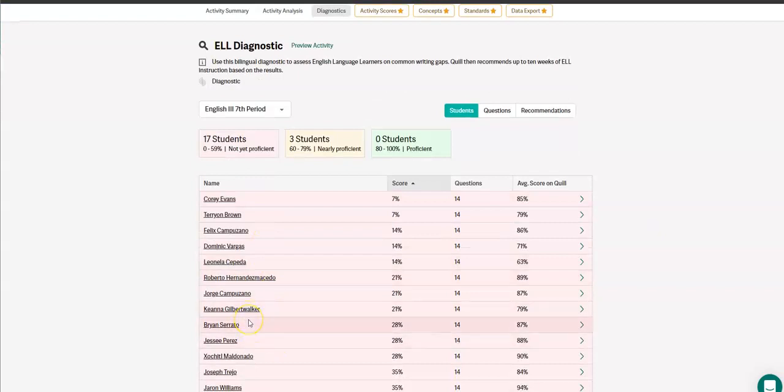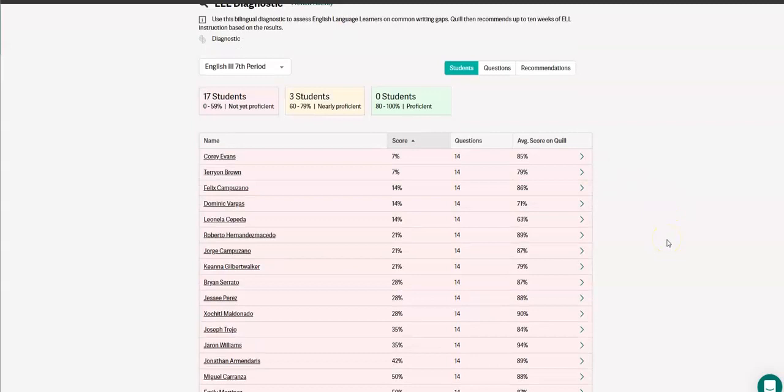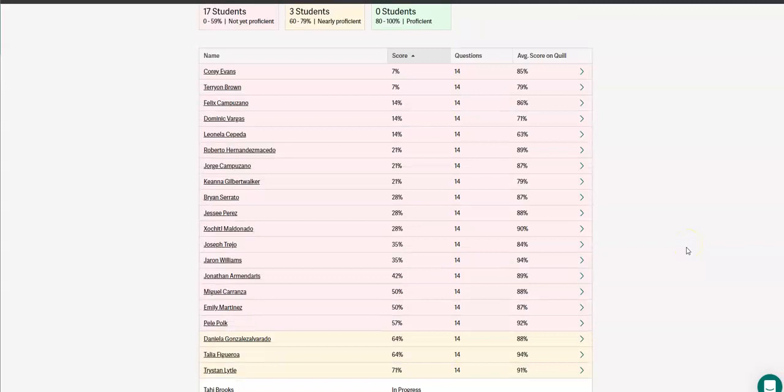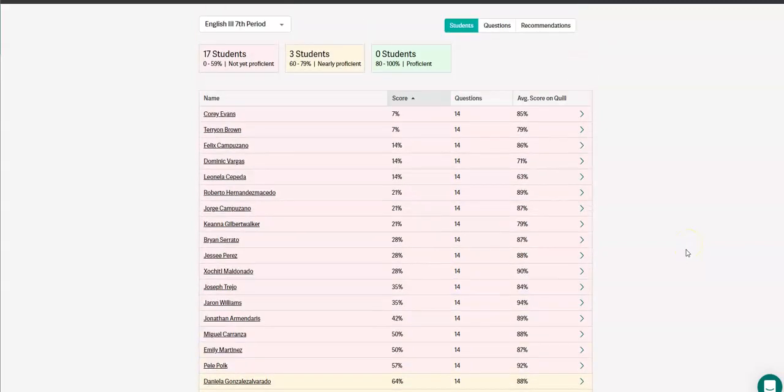I assigned the ELL diagnostic to everyone at first because I had such a high level of ELLs at this school that I figured it would be in my best interest to start at that base level for everyone. And even though this is not a sheltered instruction class, you'll notice that almost all the scores are in the red.